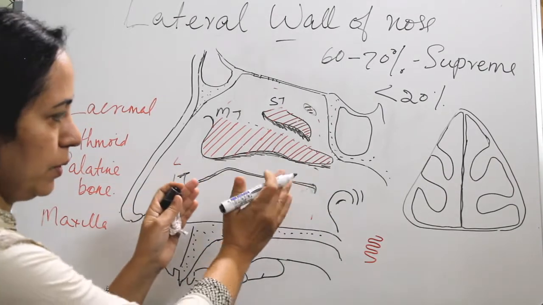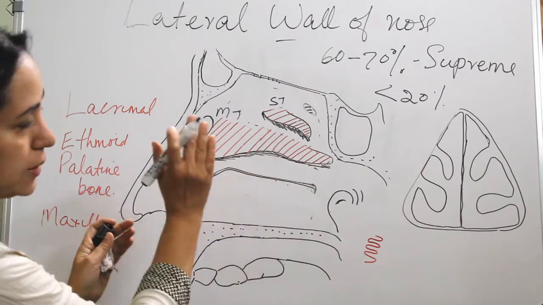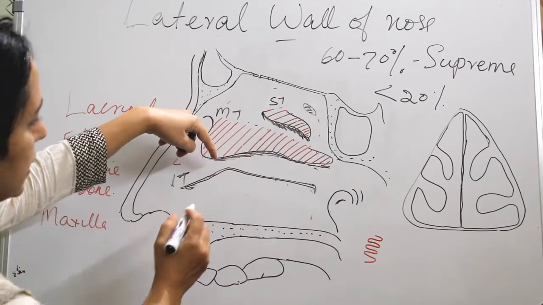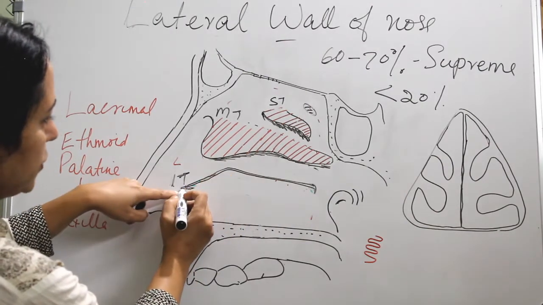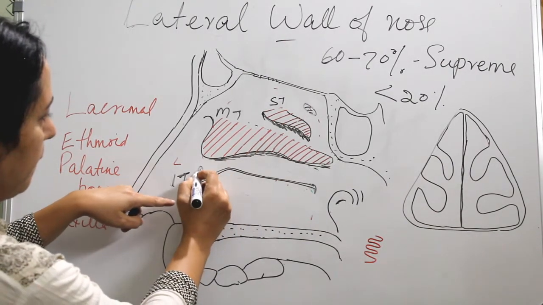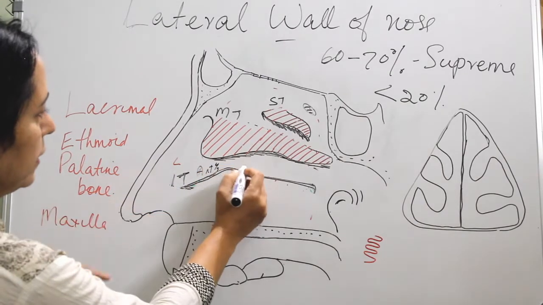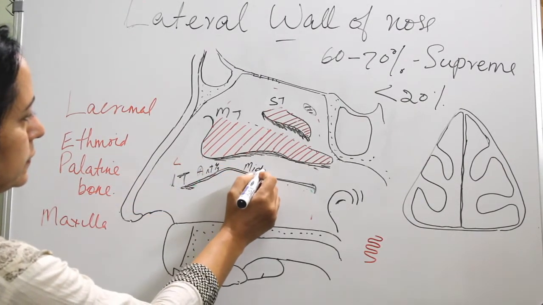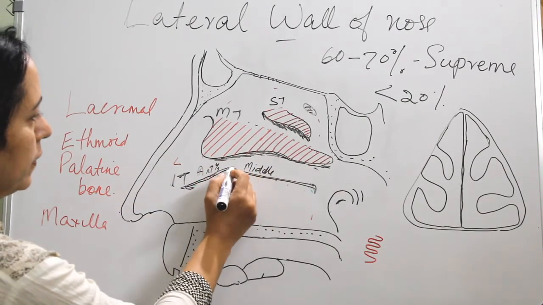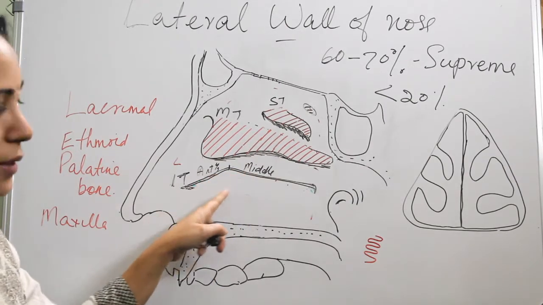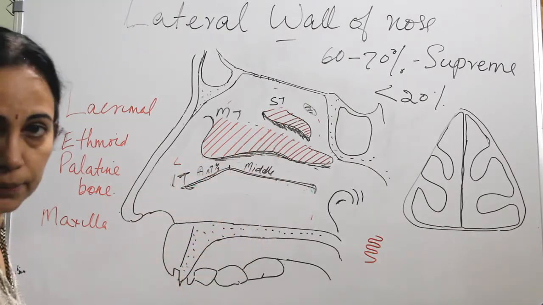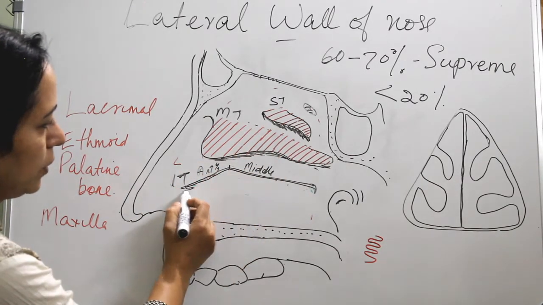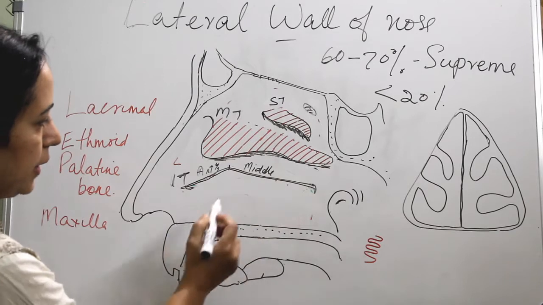Okay, so lateral to the inferior turbinate comes the inferior meatus. You can see here that it is highest at the point of junction of the anterior one-third and the middle one-third. So this is the junction, and the inferior meatus is the largest of the three meatuses, and it extends the entire length of the nasal cavity.